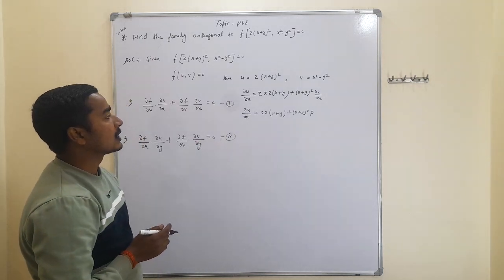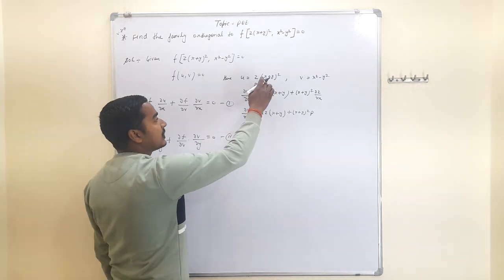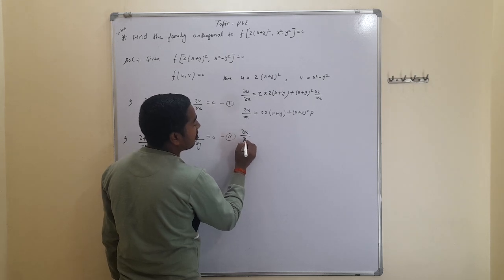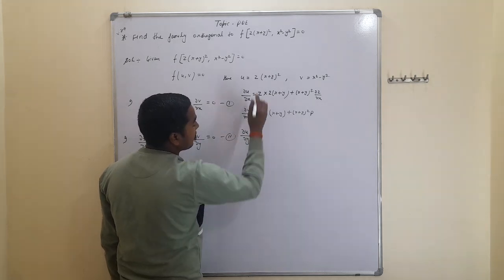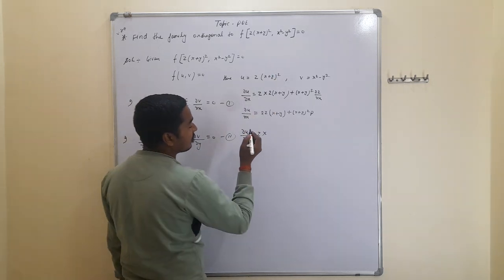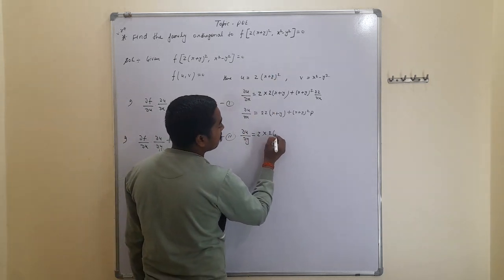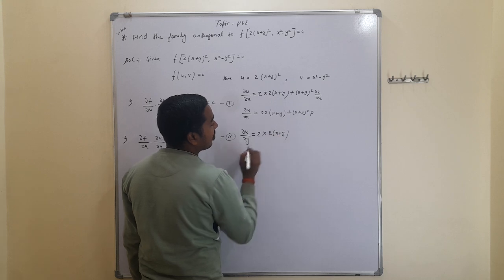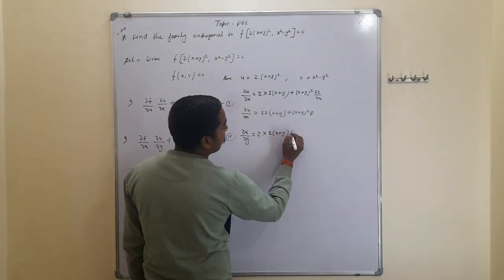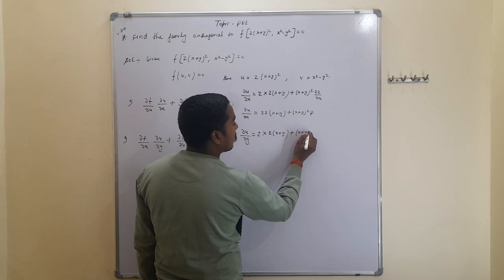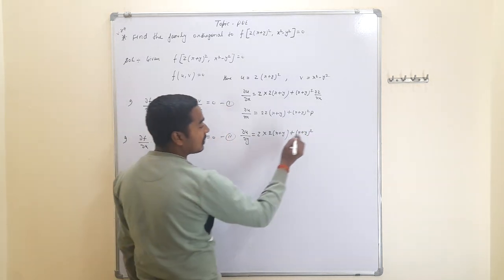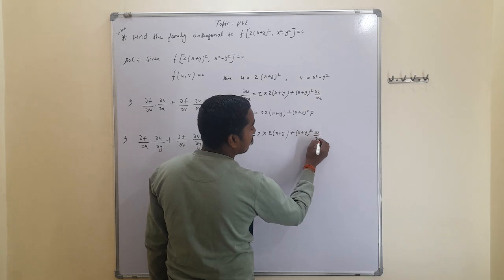Further, u is equal to z into (x plus y) whole square, differentiating partially with respect to y. This is written as del u upon del y is equal to z taken as the first function and the second function (x plus y) whole square differentiating with respect to y. This is 2 times (x plus y), and again x plus y differentiating with respect to y gives 1, plus (x plus y) whole square, and again z differentiating with respect to y gives del z upon del y.